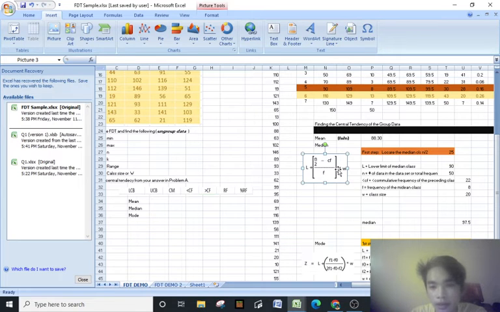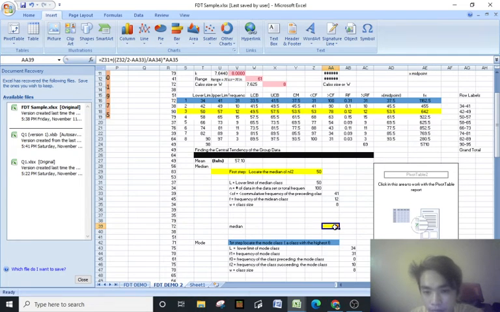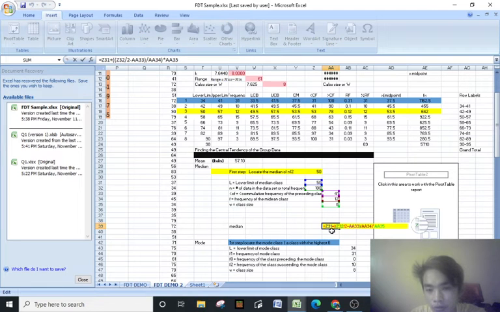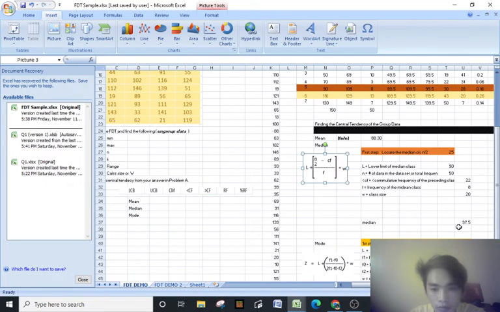So L plus, inside the parentheses, the number of data divided by 2. So 100 divided by 2, then minus the preceding cf.